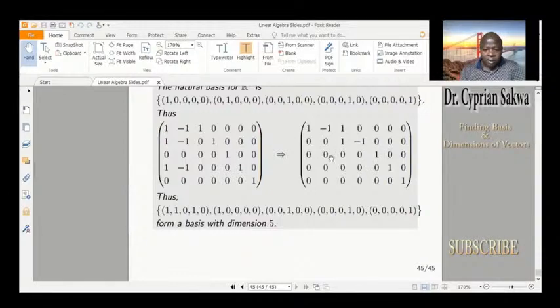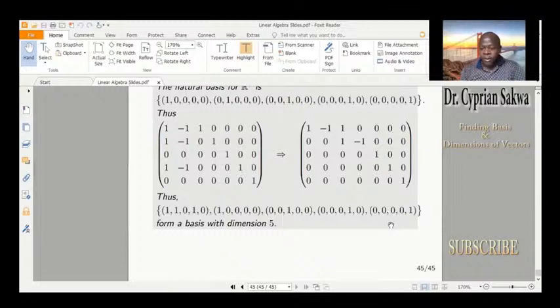Then the leading one in the third last column, this vector, a leading one in the second last column, this vector, and a leading one in the last column, this vector.